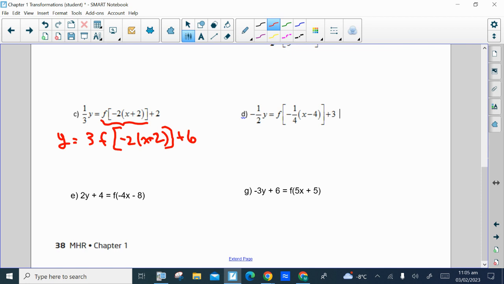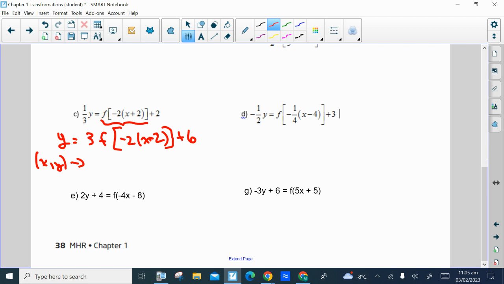All right, so now we can write our mapping notation. Remember, the two inside parameters are the ones that affect the x's. Also have to remember that the horizontal stretch factor is the reciprocal of b. The absolute value of b is 2, so the horizontal stretch factor will be a half.